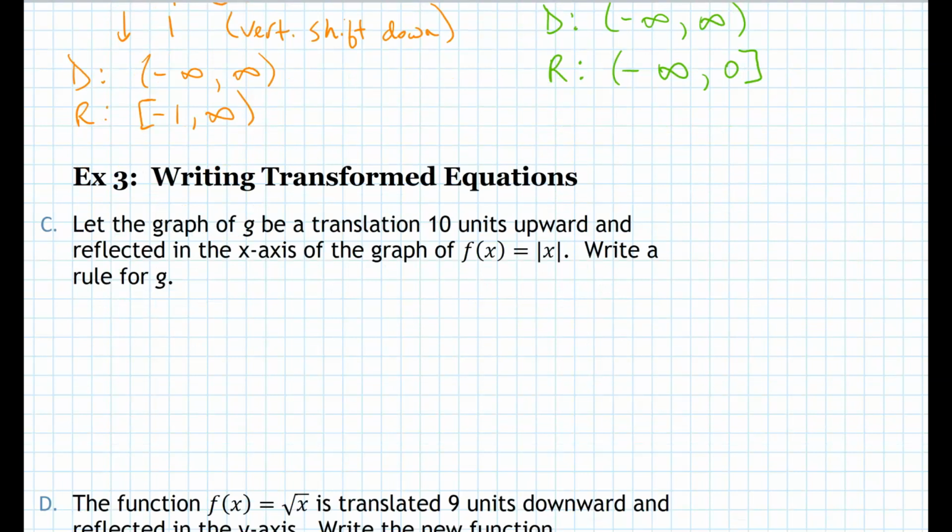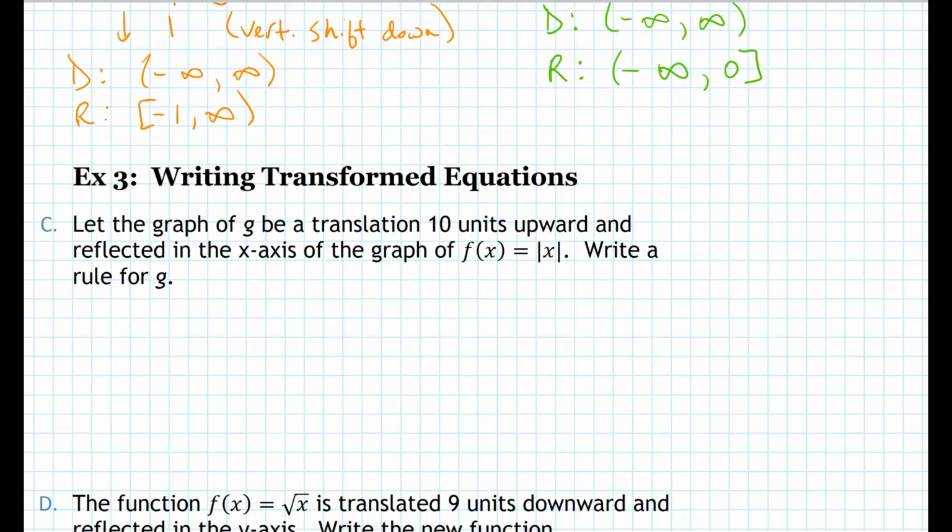Okay, changing gears a little bit here. Now we're going to write the transformed equation based upon the description given to us. Our parent function is still the absolute value of x, and it wants us to write a new function called g that takes x, translates it 10 units upward, and then reflects in the x-axis.